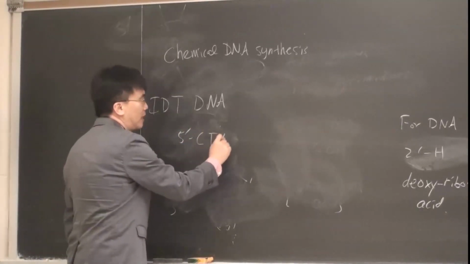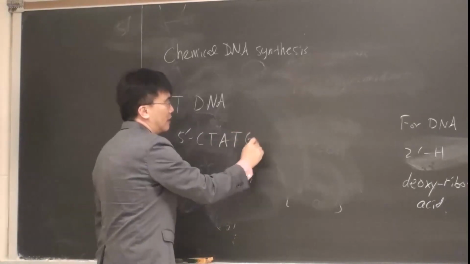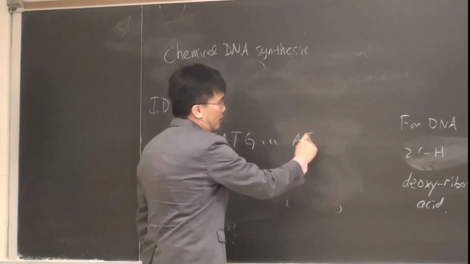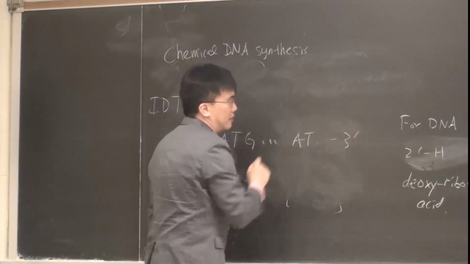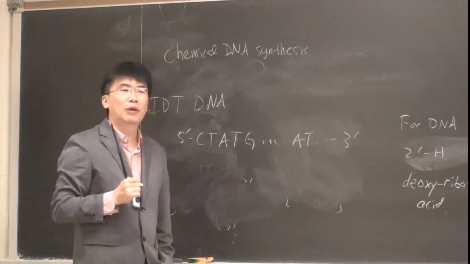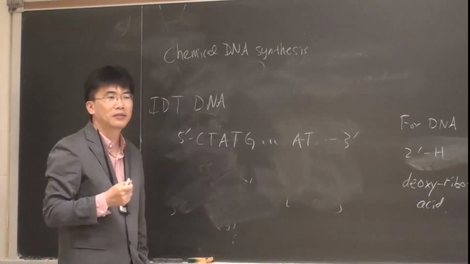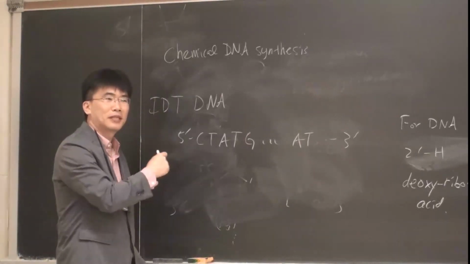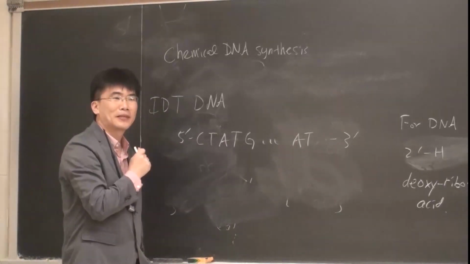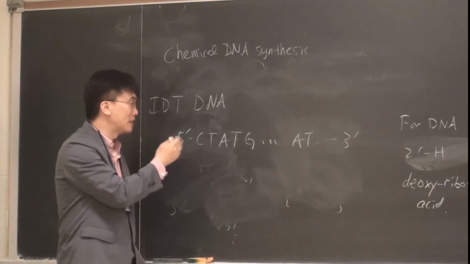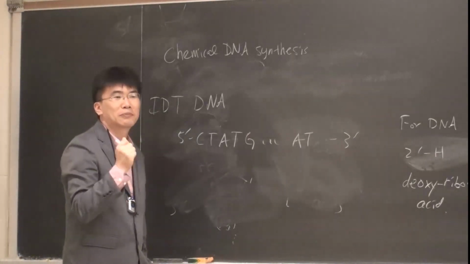I want to have a DNA that has this sequence, into their web browser, and then you enter your credit card number, and they will make it for you and send it to you. Okay, and for simple ones, it can be just $10. Shipping is more expensive actually.